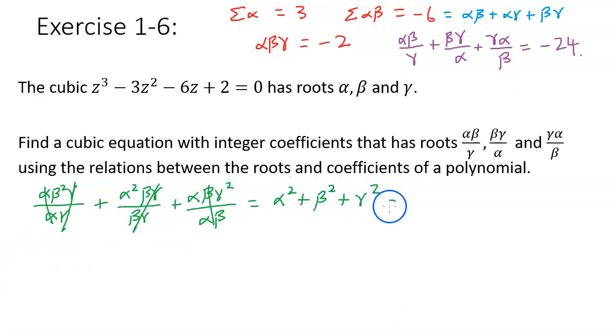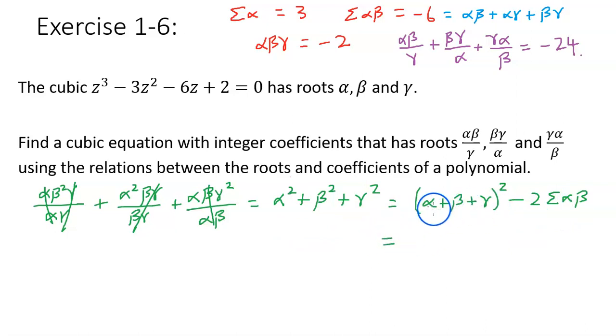It's just equal to alpha plus beta plus gamma squared minus 2 times the sum of the pairs of different roots. If you don't believe me, check by doing the multiplication yourself by hand. Okay, and then, well, we already know these values.